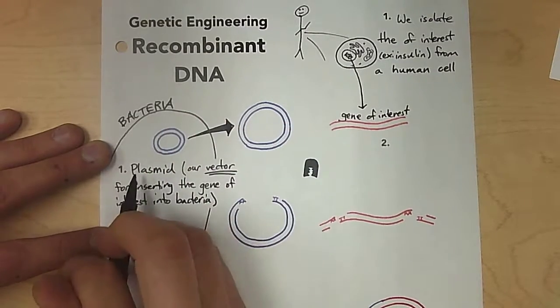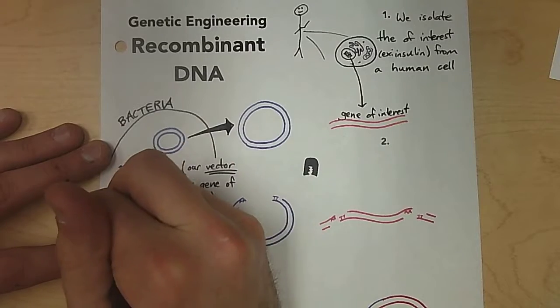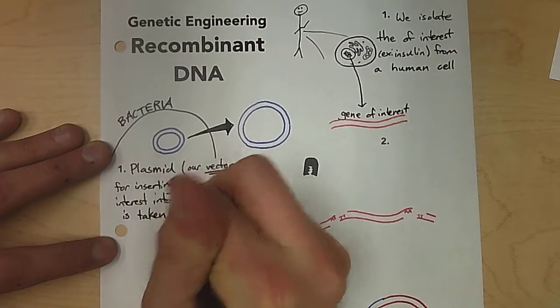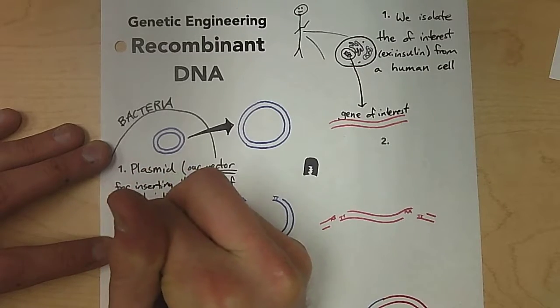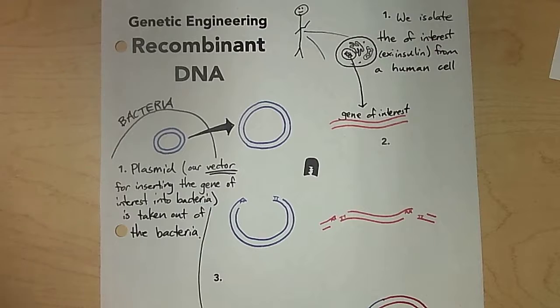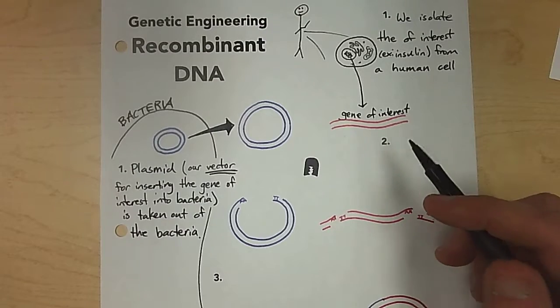So to finish this, the plasmid is taken out of the bacteria. Remember, our vector in this case is our plasmid. All right, so now we have our plasmid and we have our gene of interest.